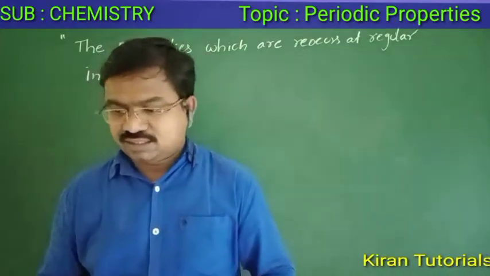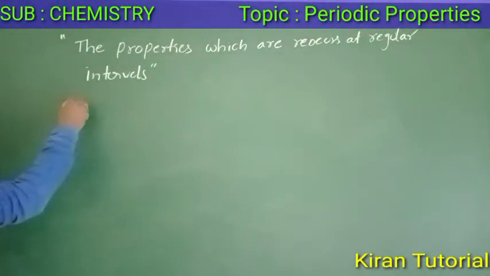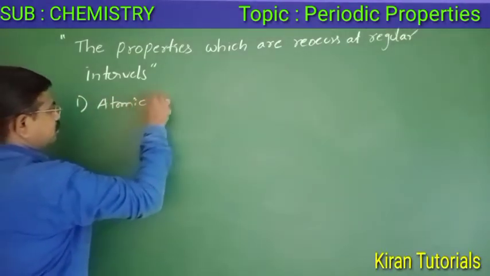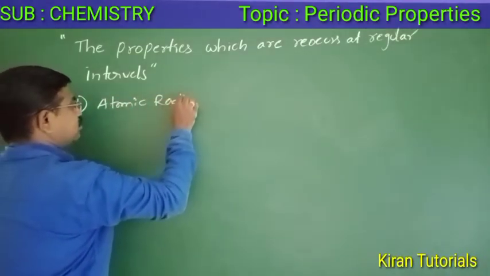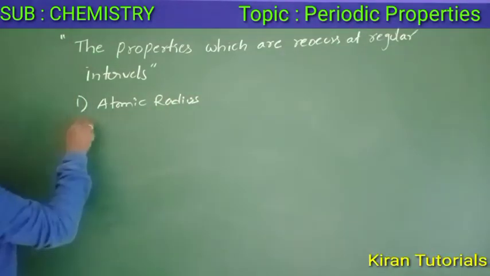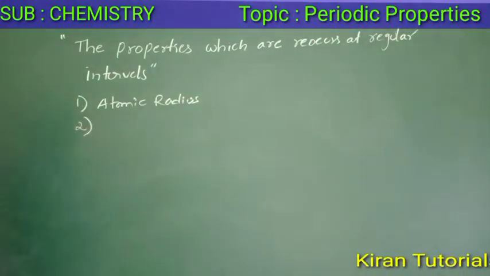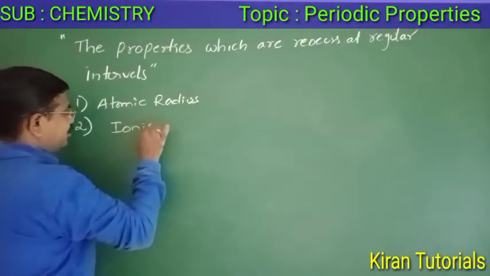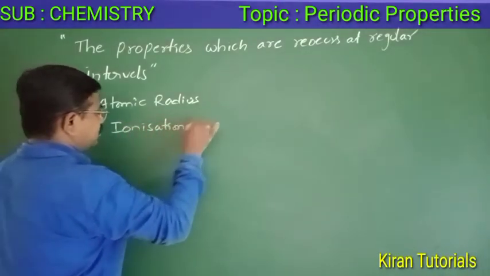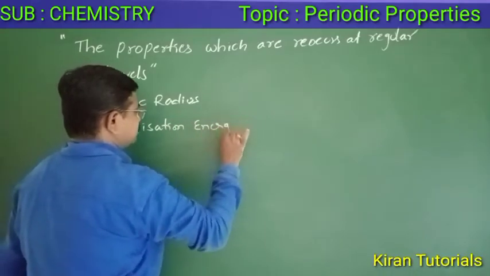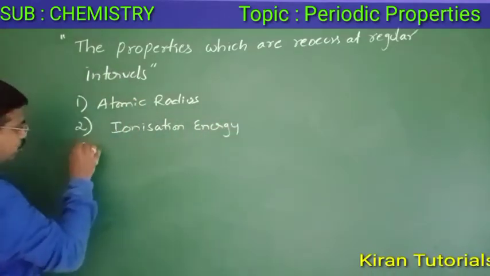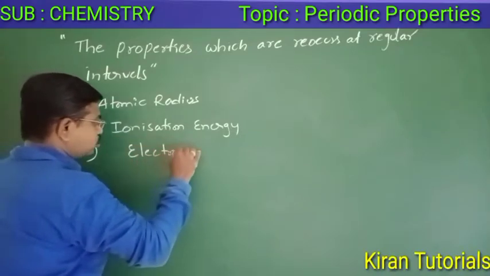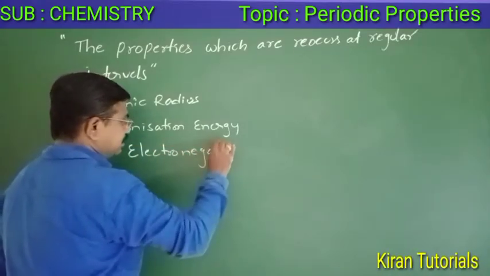The first one, atomic radius. Second one, ionization energy. And third one, electronegativity.